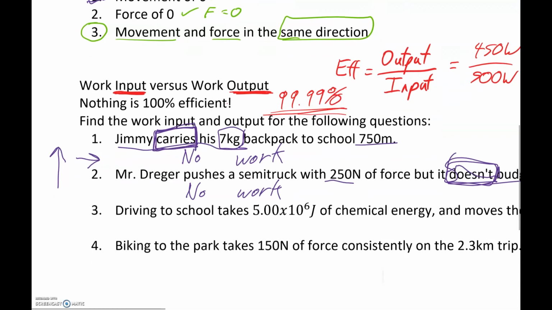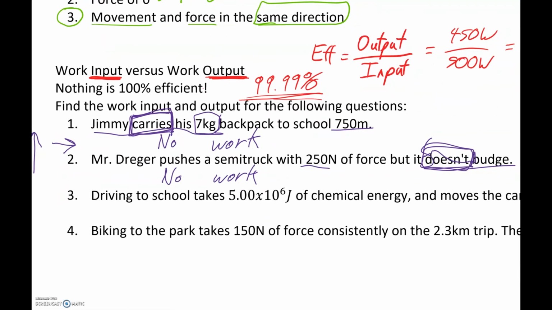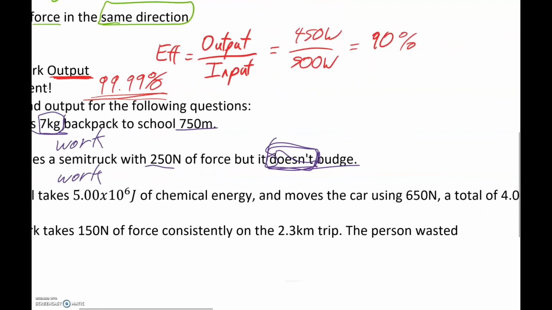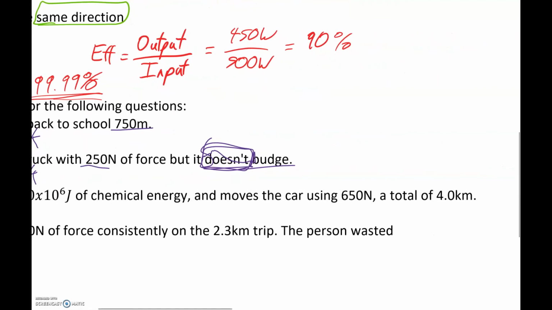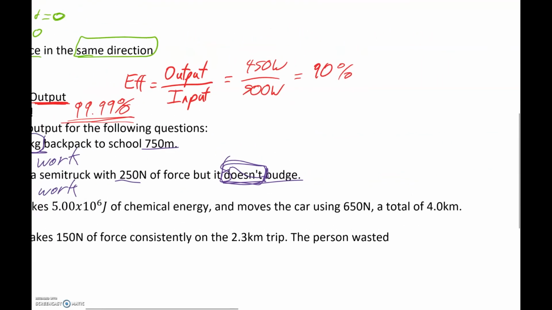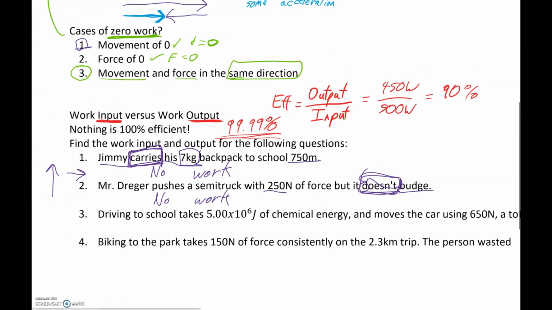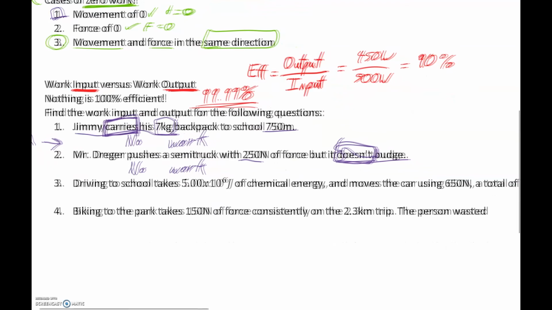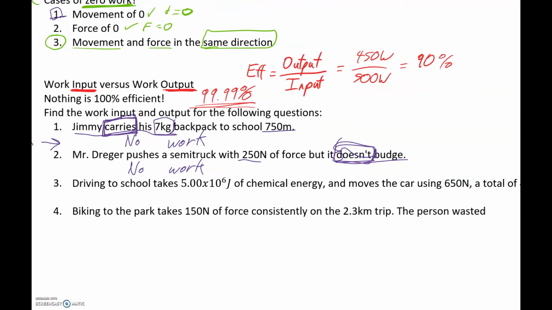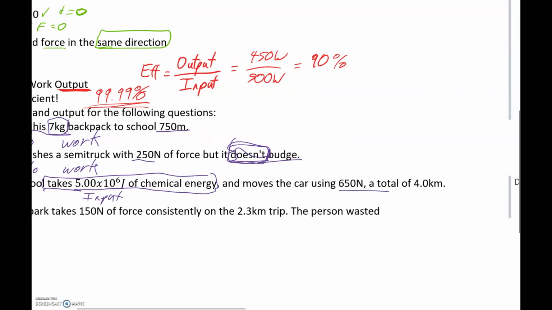Driving to school takes 5 times 10 to the 6 joules of chemical energy from gasoline. It moves the car with 650 newtons a total of 4.0 kilometers. So what here is the input and what is the output work? Well, this is the input right here, this is what it takes. And the output we're going to have to calculate. So this is the output.